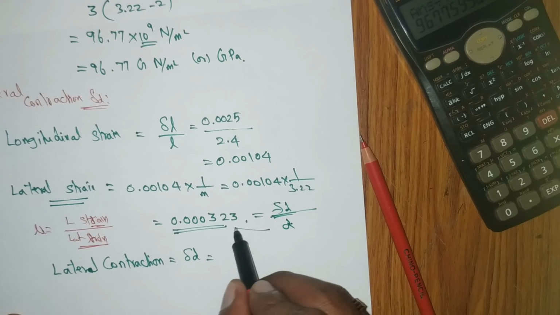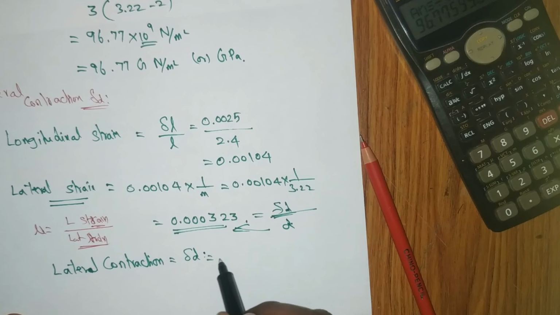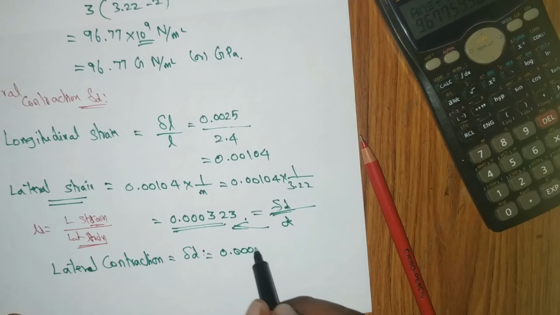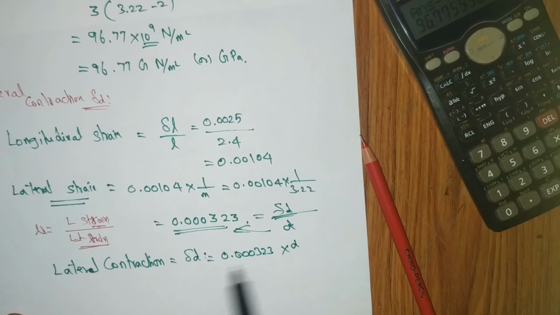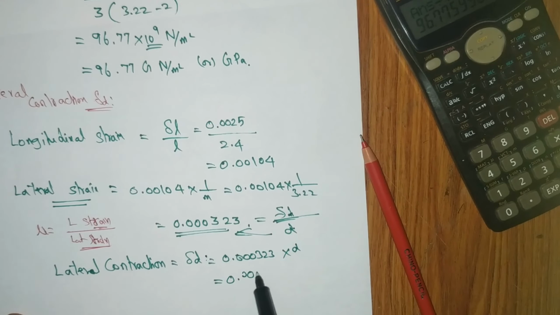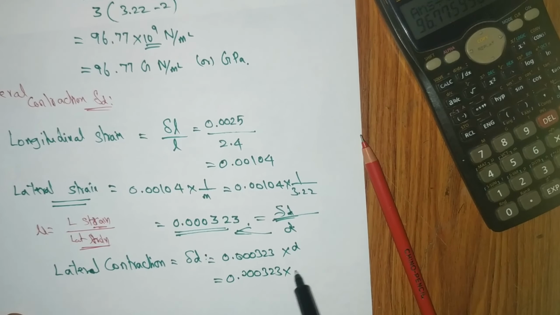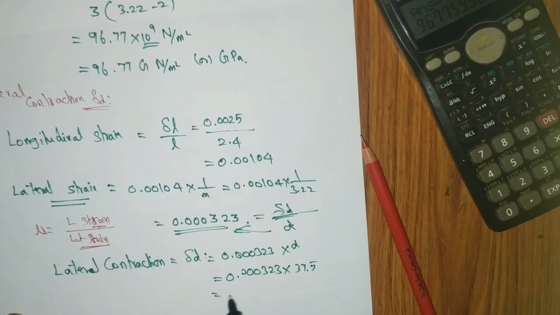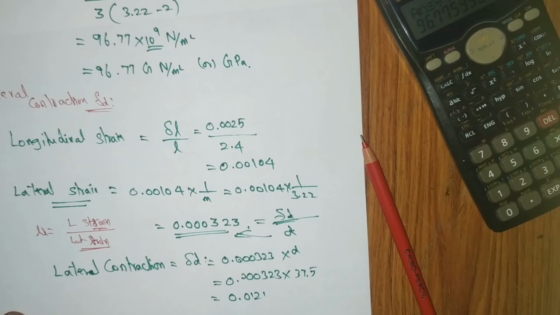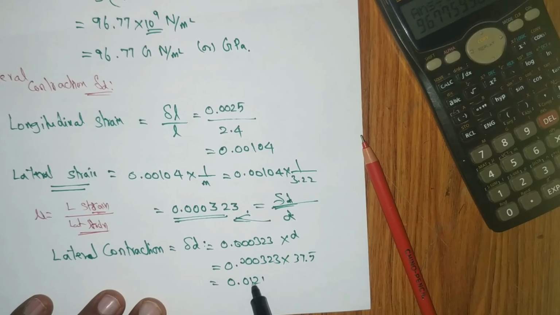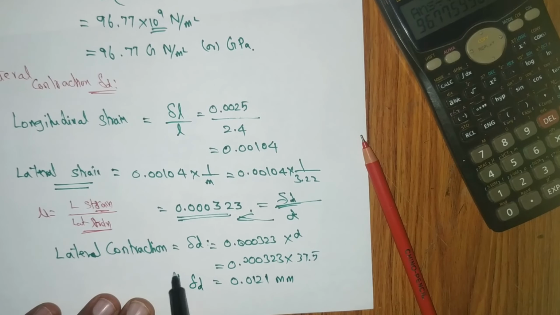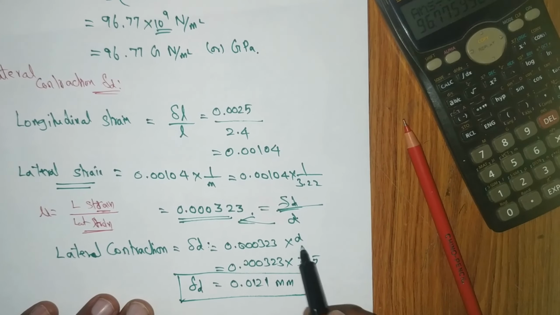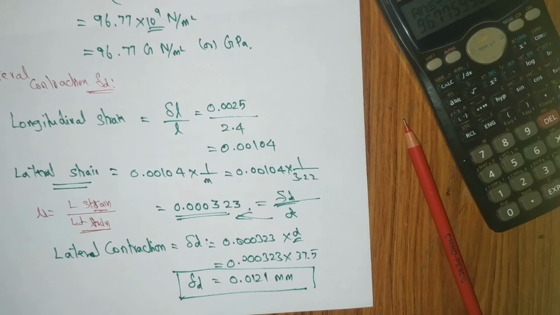So 0.000323 into D. What diameter do we have? The diameter is 37.5 mm. So we will have 0.0121 mm as our lateral contraction. We have to use the diameter here, not the total length.